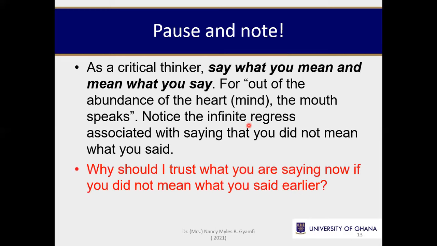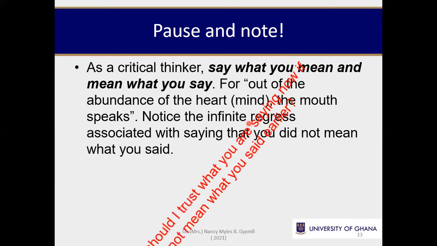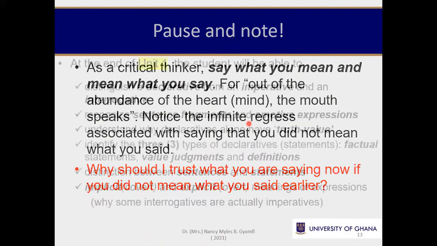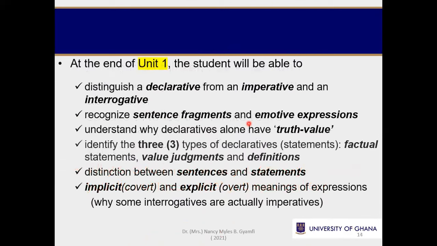That is the point. Topic 1, you see in the textbook, it says object, thought, object of scrutiny. You're scrutinizing your thinking, and it is clear in the text what the Unit 1 aims at achieving. You will see declarative, imperative, interrogative, sentence fragment, emotive expressions.